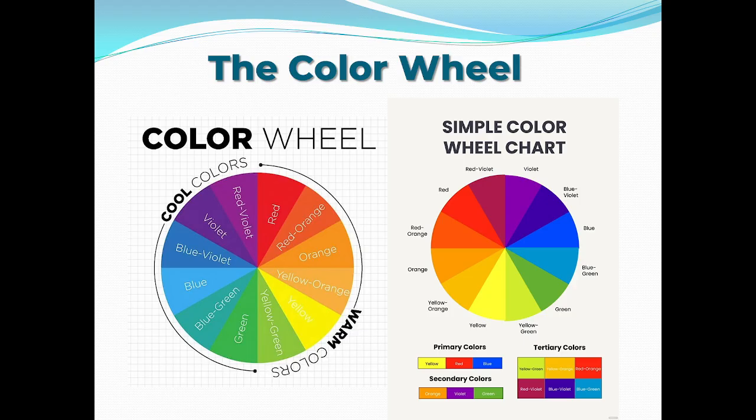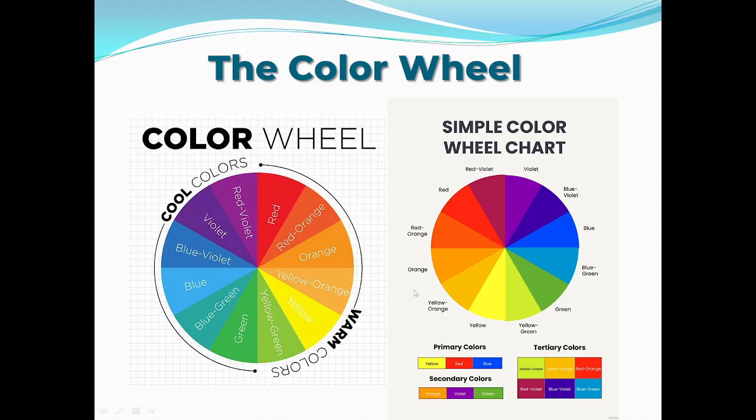As you can see, there's no better way to understand what the color wheel is than to show you in a diagram. From the diagram, you can see how the color wheel looks. The color wheel is basically a wheel with a combination of colors.